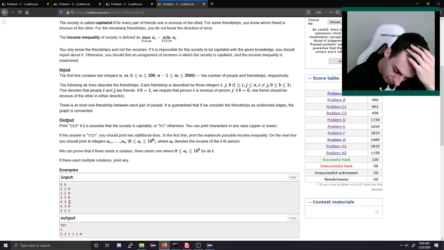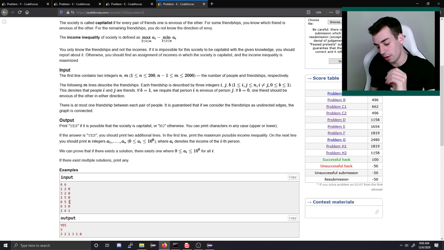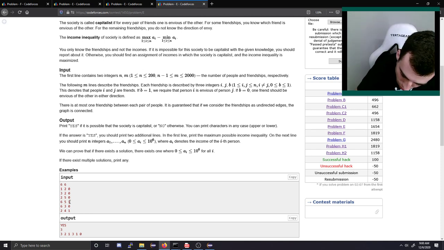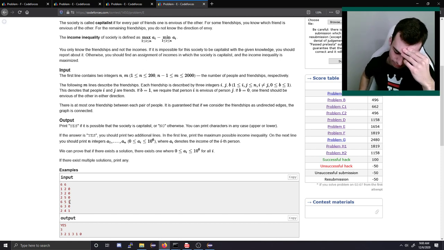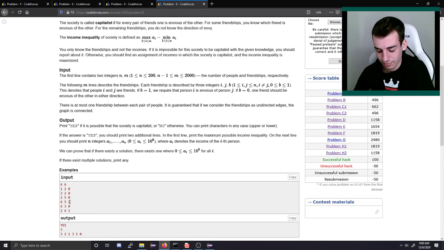Well, okay, if we have a fixed edge, then we need to join these two things together, right? Because we can never separate them. So these get joined into one node. These also get joined into one node. Because, well, okay.